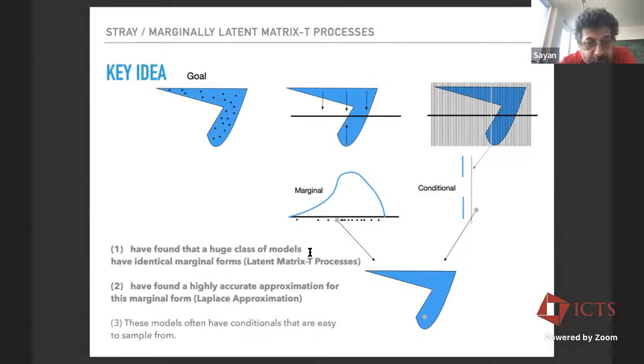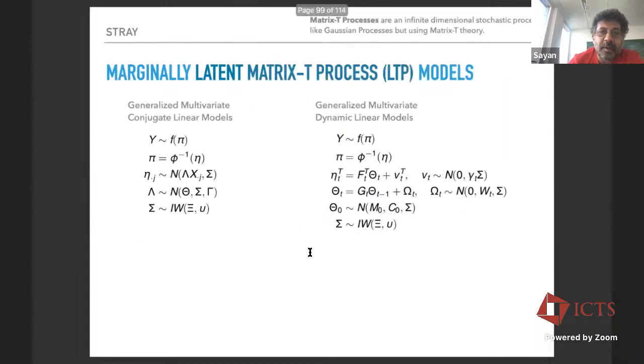So what we worked on after that is a class of models that are way, way, way easier to sample from.